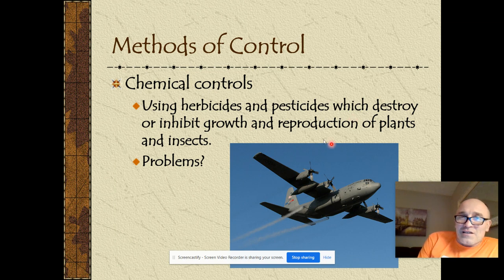Chemicals can be used. Obviously, they have side effects that can be damaging, but it's one way to do it. You might have seen before in your life people in parks that have backpack sprayers, and they're going around spraying invasive plants to try to get rid of them from the parks.